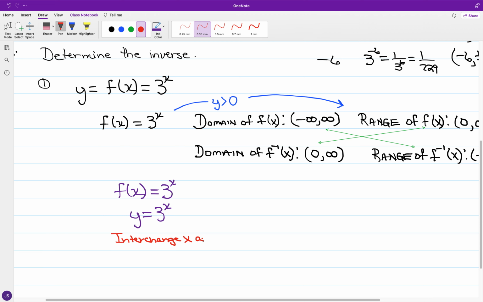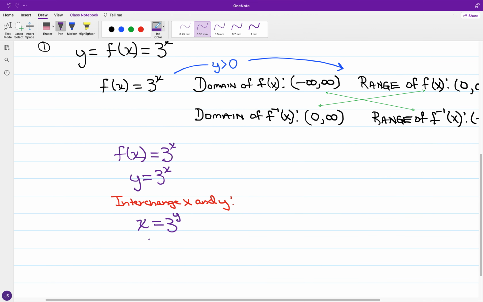And after interchanging x and y, in the rewrite we'll have x is equal to 3 to the y. And to free up y, your base a is going to be base 3.